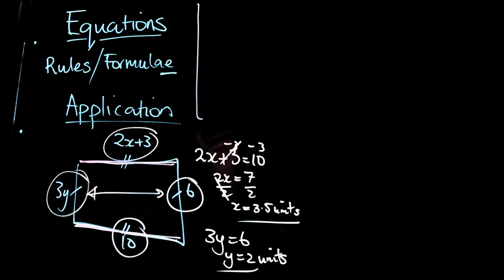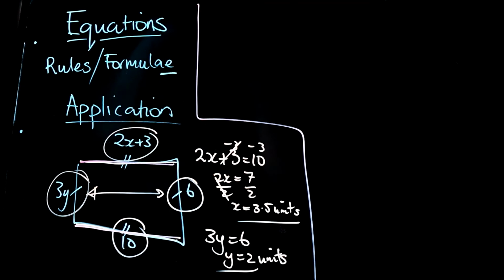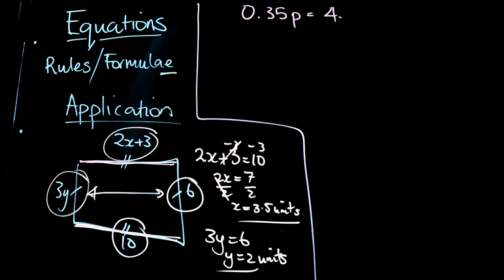So I've got another question here which I think is one of the more advanced questions for you, and it's relating to a question on photocopiers. They're saying something like every copy you make is 35 cents, and we made $4.20 worth of photocopies.